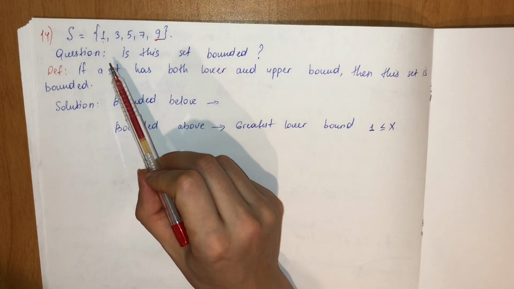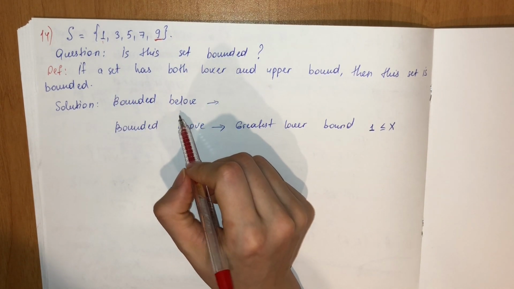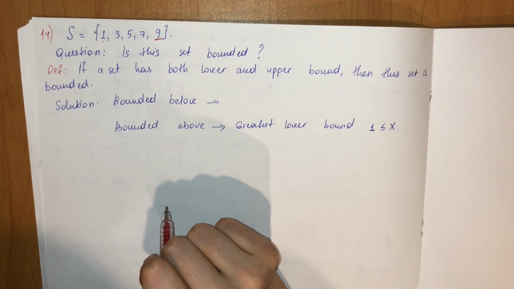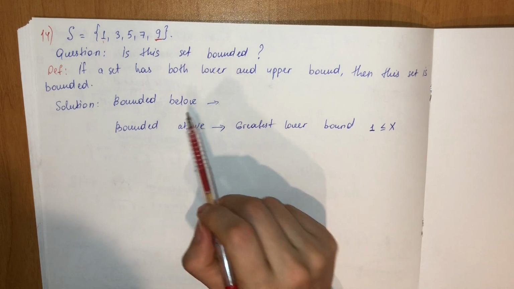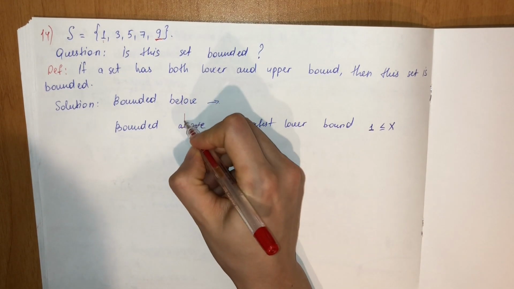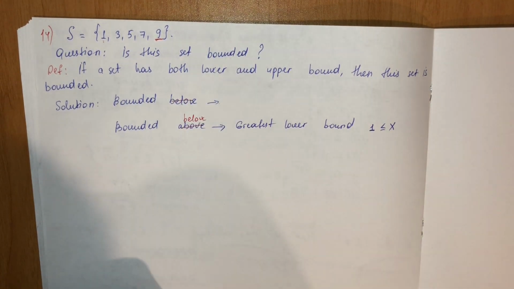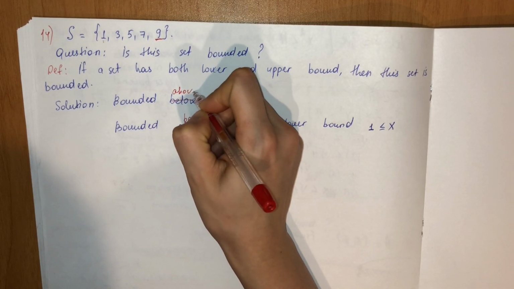Here our given set is bounded below and also bounded above. So let's find out why. This is below, sorry, my mistake, and this is above.